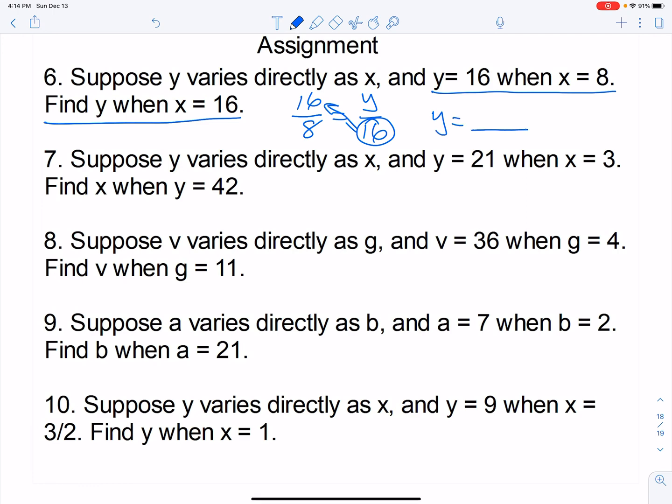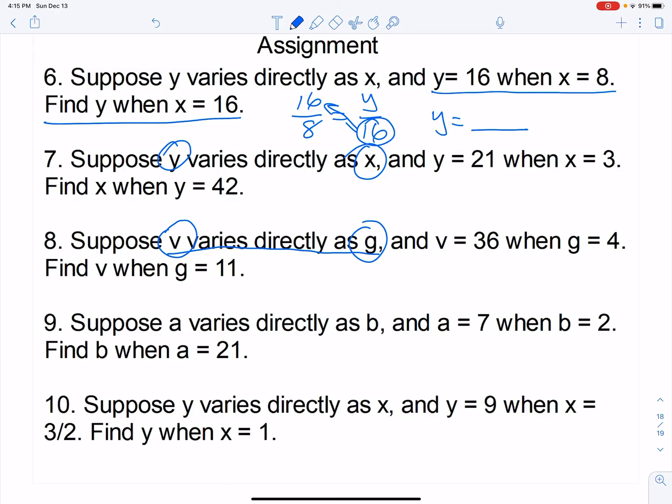Okay, now you'll notice the next one, 7, x and y, no problem. But what about number 8? Number 8 says, suppose v varies directly as g. Well, the v is kind of like our y, and the g is kind of like our x. Now, what's kind of interesting is it really makes no difference which way you put these values, just as long as whatever you do in the first ratio, you also do in the second.